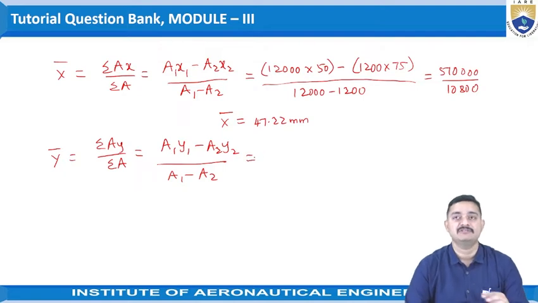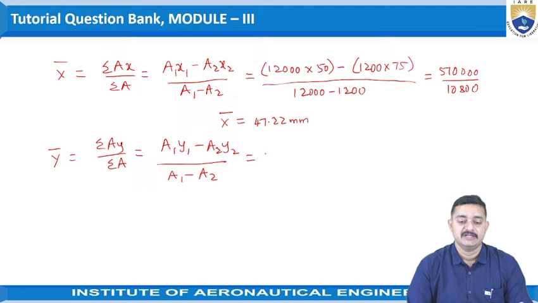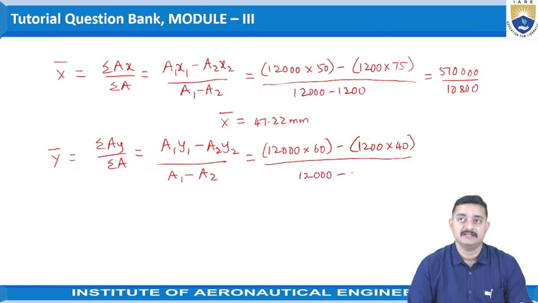So when you substitute the values of Y1 Y2 and A1 A2, we can obtain it as 12,000 into 60 minus 1200 into 40 by 12,000 minus 1200.